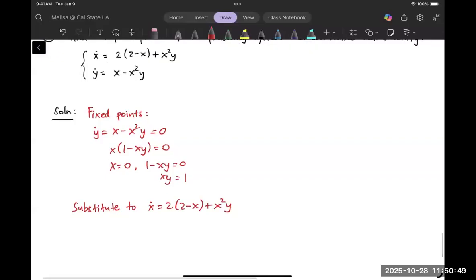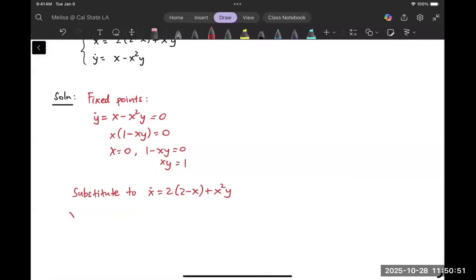Okay, so take the first one, x equals 0. Okay, so when x equals 0, what do we have here? So we get 4.